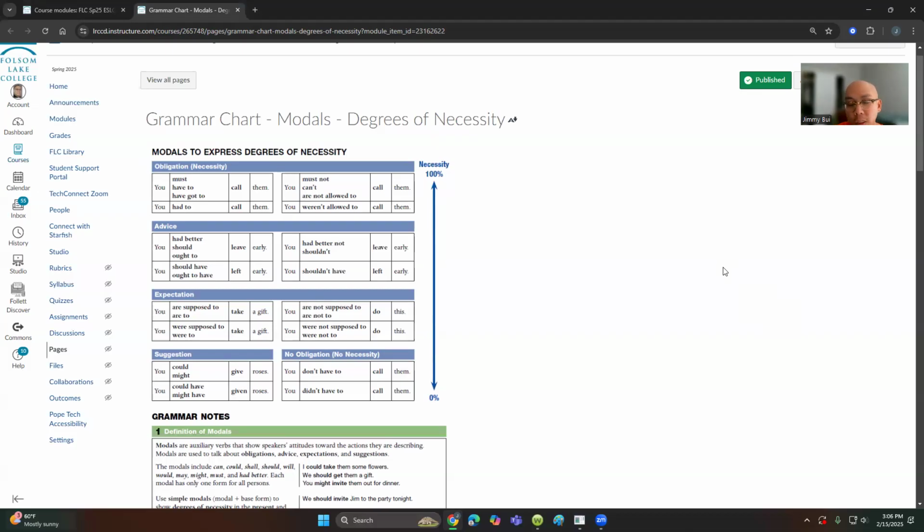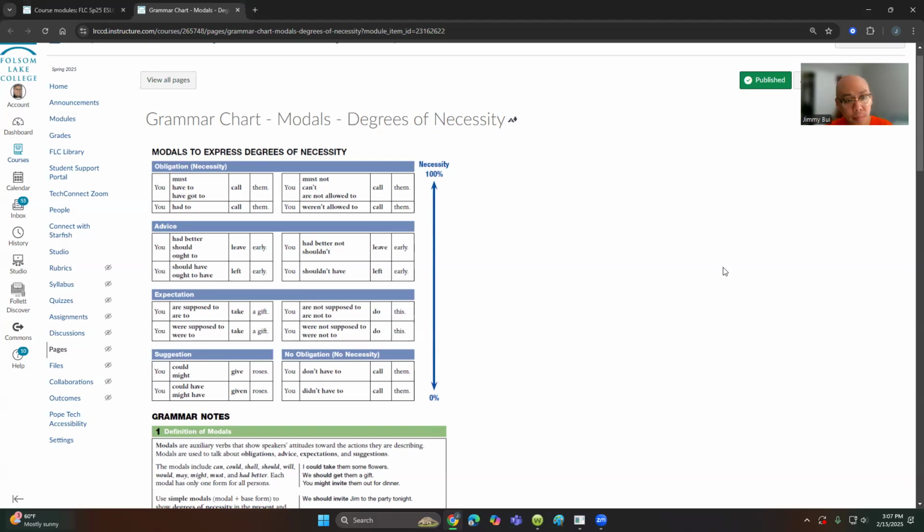An expectation, okay? Supposed to, are to, were supposed to, were to. And a suggestion: could, might, could have, might have. No obligation, no necessity: don't have to, didn't have to.